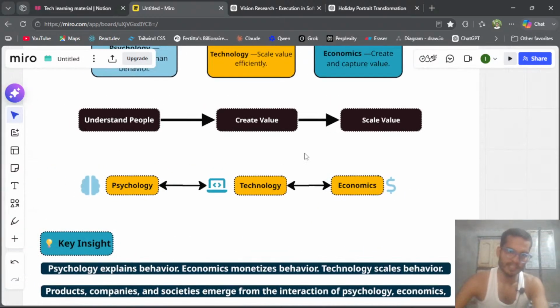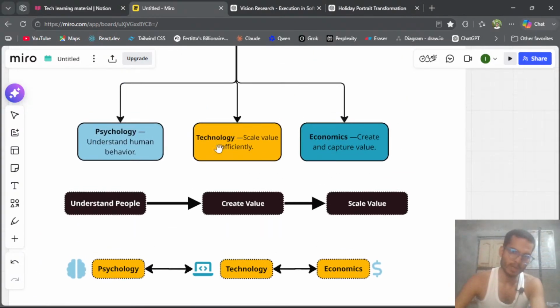And if you understand the dependency or interlinking, technology influences psychology, psychology influences technology, technology influences economics, economics influences technology, right? I'm not going to take you through the details, but overall just understand this, because most of the time we spend on the technology part.